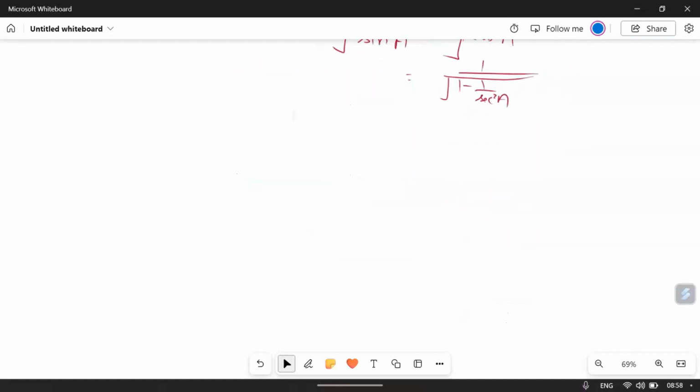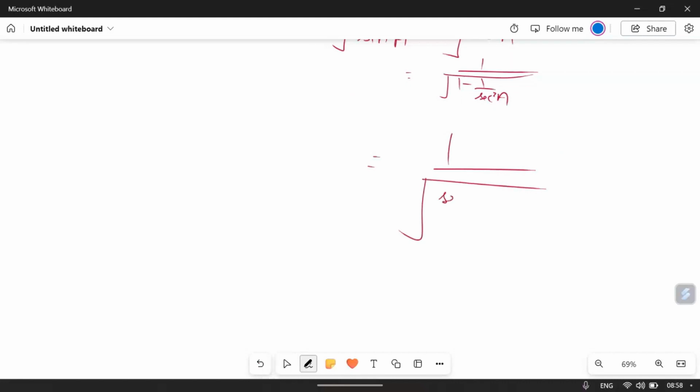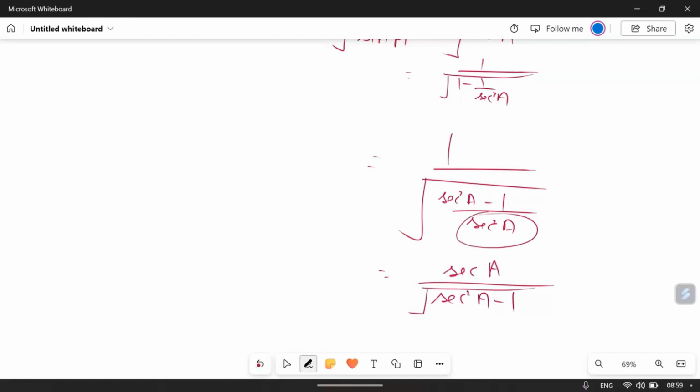So how can you solve this? Take the LCM of it, and it will become sec square A minus 1 upon sec square A. This sec square A will go off, and since it is in under root, it will change to sec square A minus 1 under root. In the above, because this is a square, it will change.